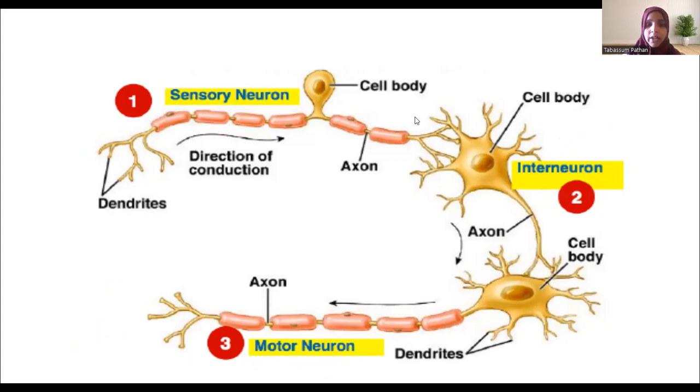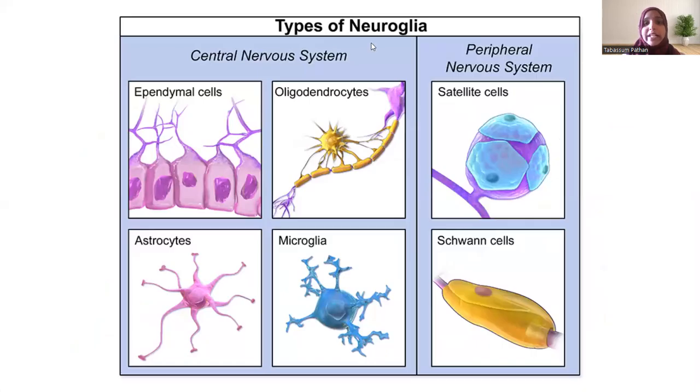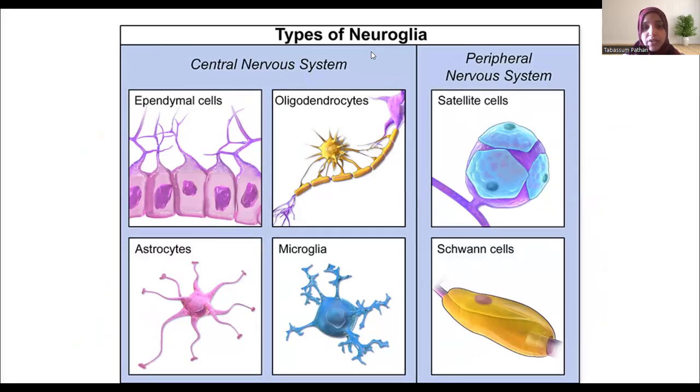Now moving forward, the different types of glial cells that are present in and around the neurons. The first is the ependymal cell, then oligodendrocytes, astrocytes, and microglial cells. They are all mostly found in the central nervous system, that is the brain and the spinal cord.